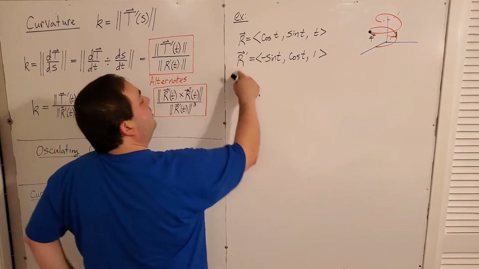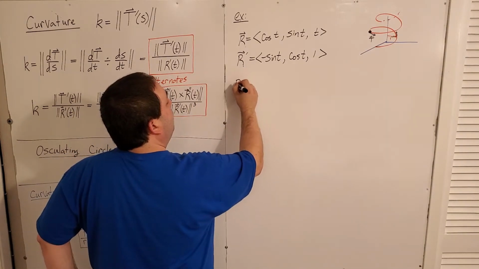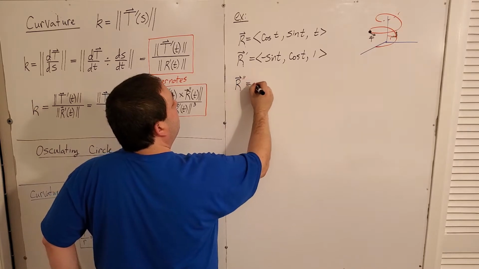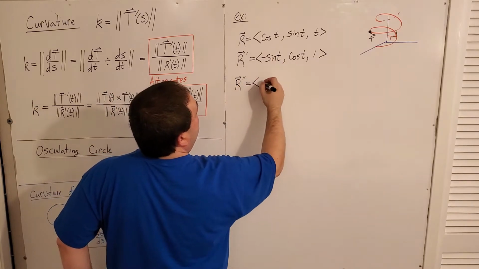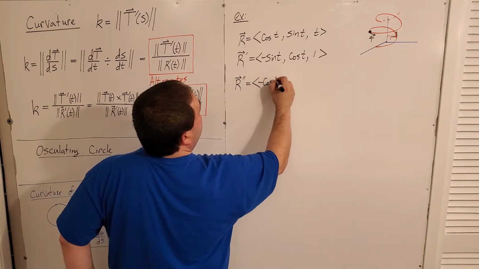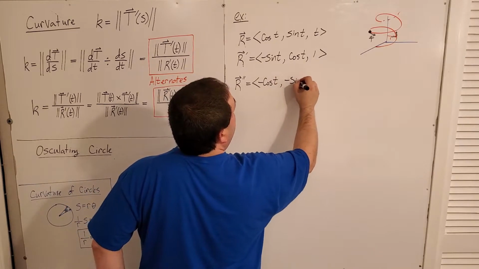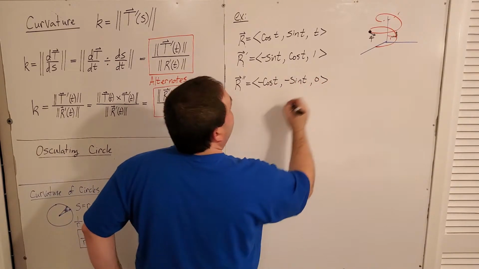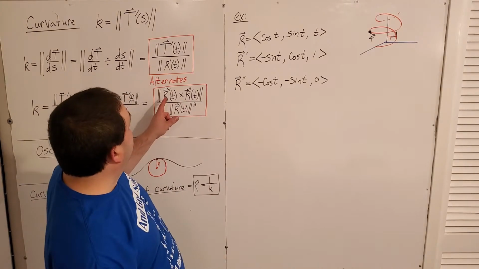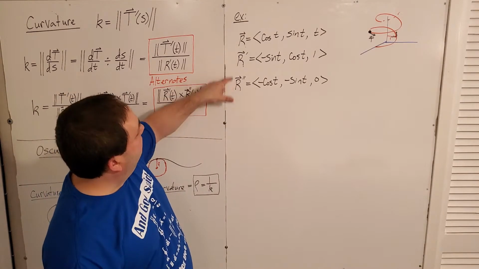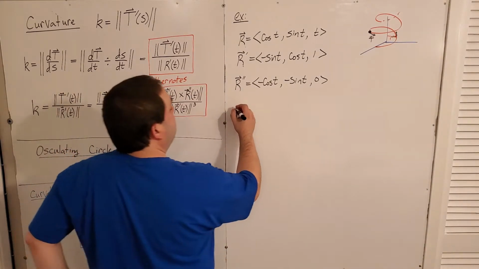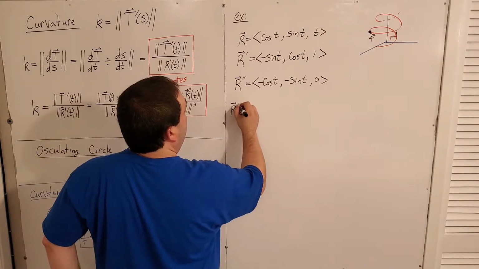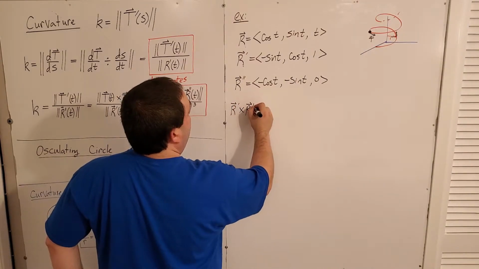So next I'll need r double prime, right? And I've got my derivative, negative cosine t, negative sine t, 0. And now I'm going to get the cross product of these two. So r prime cross r double prime.